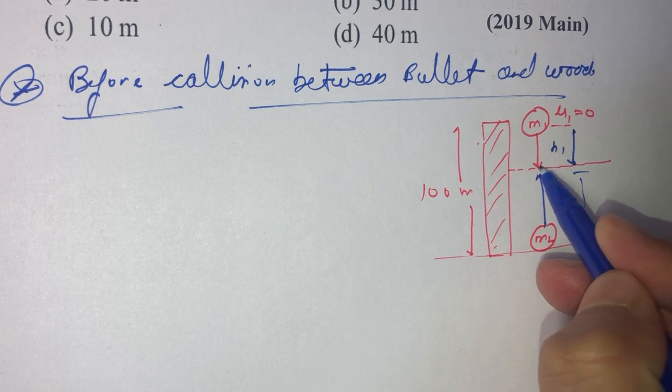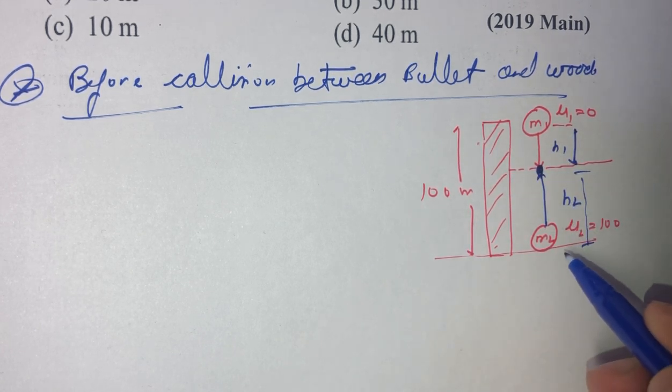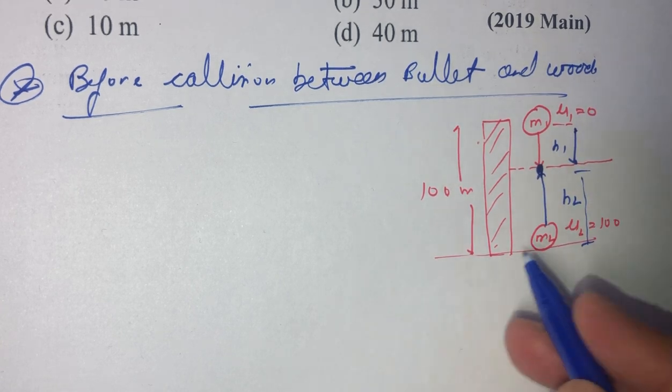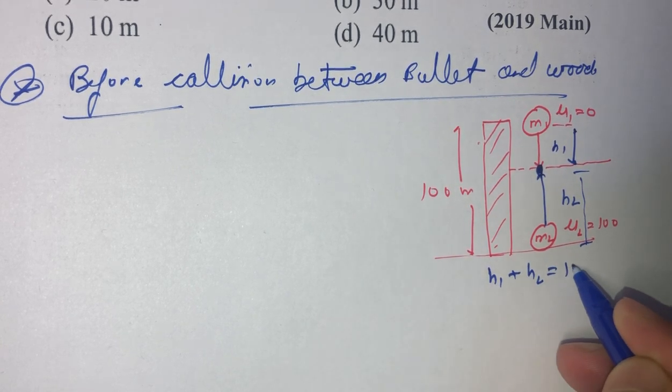So this is the point where they meet each other, or the bullet gets embedded inside the wooden block. And from the figure we can clearly say that h1 plus s2 will be equal to 100 meters.